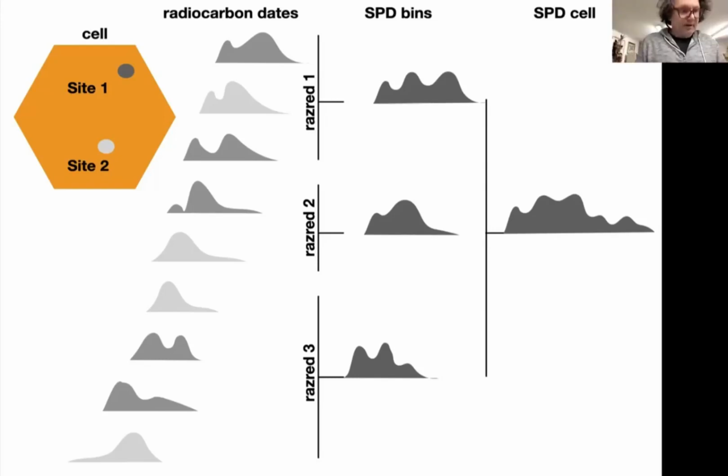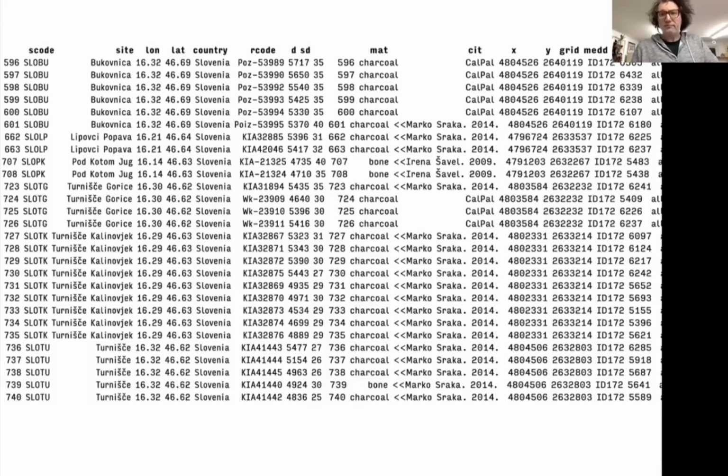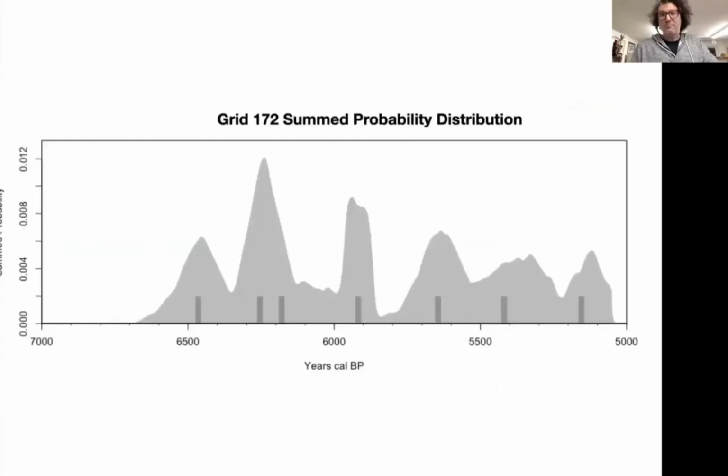So, for example, here is one of the grid cells in my study area. There are quite a lot of sites here, and we have radiocarbon dates from these sites. I think there are 28, if I'm not wrong. They are individually calibrated, so we have individual calibration curves for each of the dates. Then we add them together, but not all together, rather within the bins.